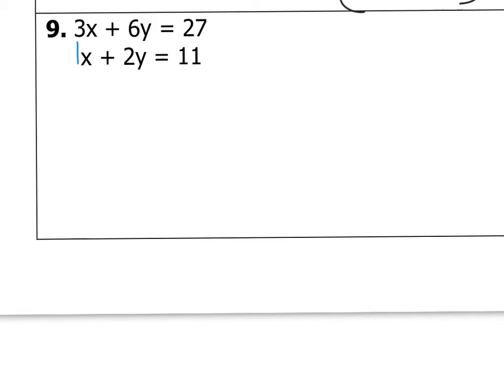I think the easiest way to get opposites is to multiply this equation times negative 3. My goal in doing this is that I would get a 3x, which is already in the top equation, and then I would have a negative 3x, which would cancel out. If I multiply by negative 3, remember I have to multiply each piece of this equation by negative 3.